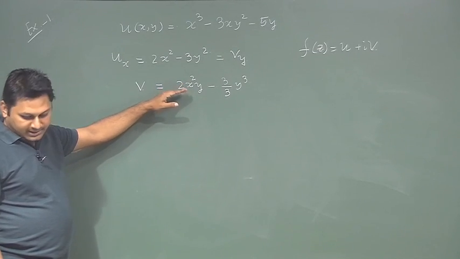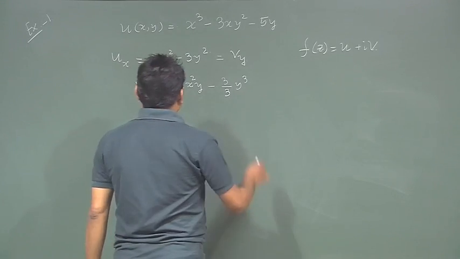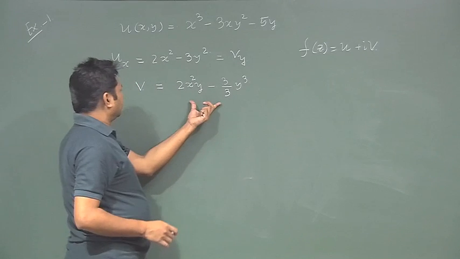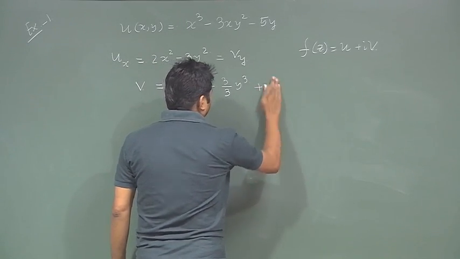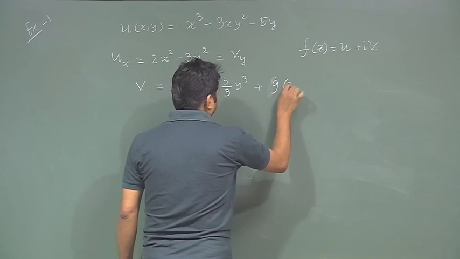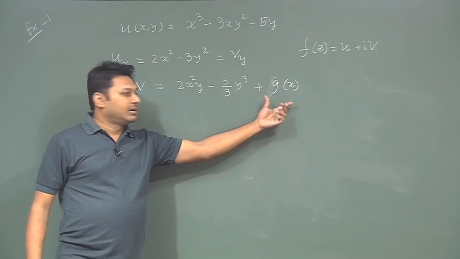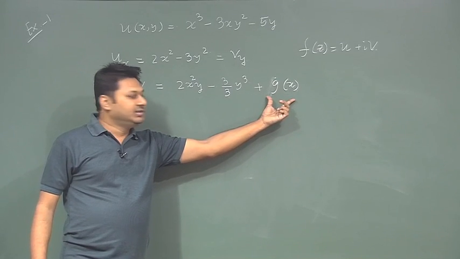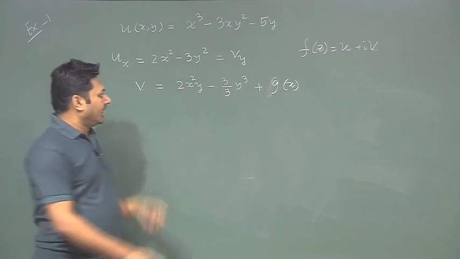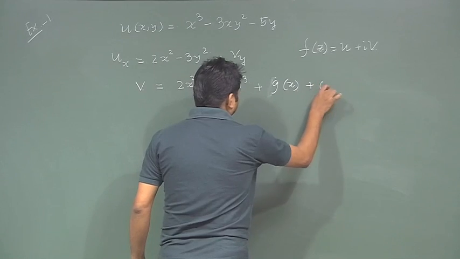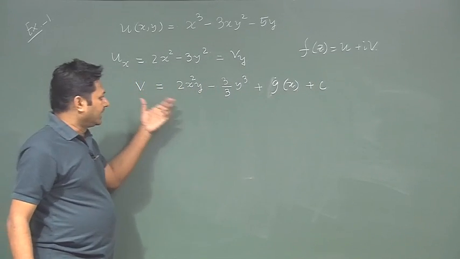So, I should put another function g(x) as a constant, because as I mentioned, and also I can put one c here, so that I can say my general form of v is something like this.